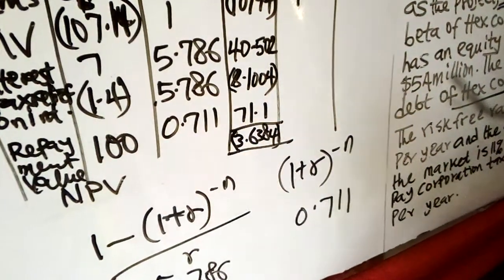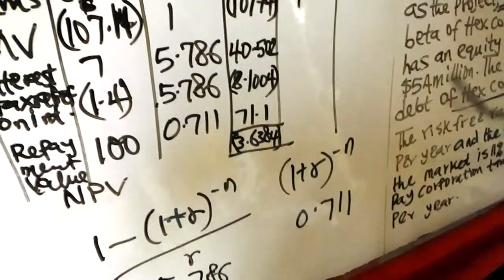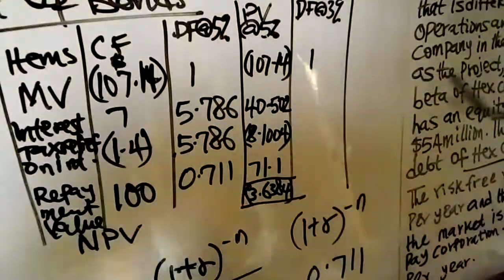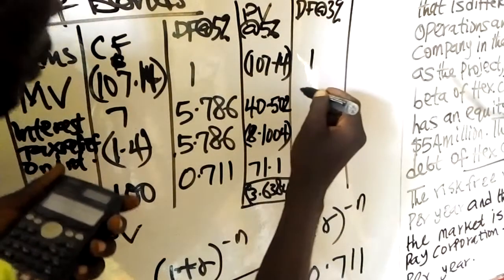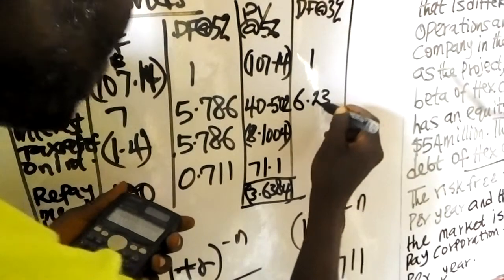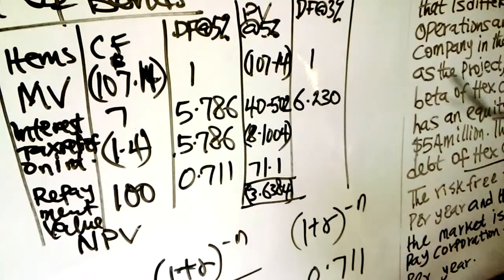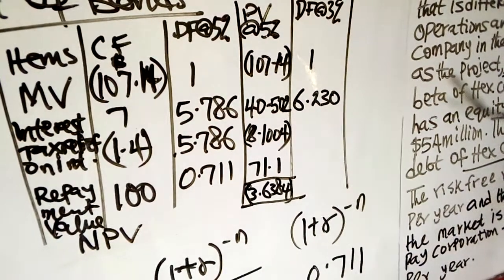So we have 1.03 raised to the power minus 7, minus 1, divided by 0.03. Then we have 6.230.